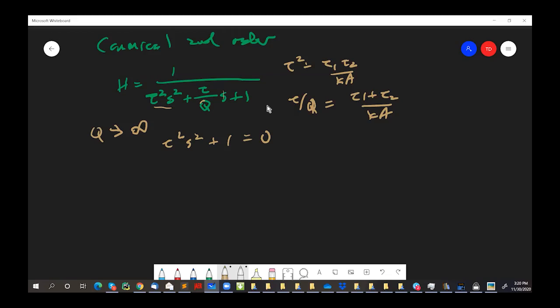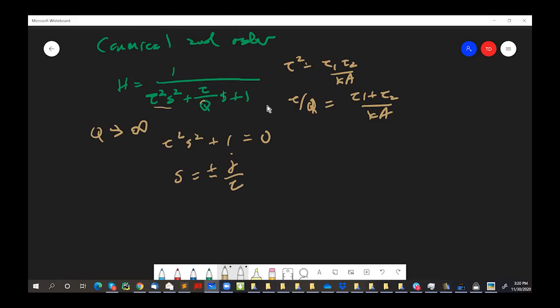I mean, a positive thing plus positive thing equals 0, right? So the first thing must be negative. How can you get a negative number at the first term? S has to be imaginary, right? Has to be a complex imaginary number. So s must be plus or minus j over tau.